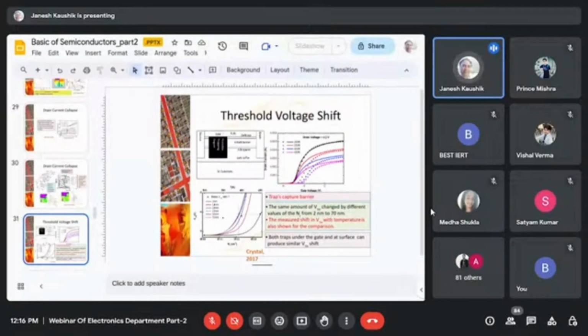But if there is a barrier present, then an electron or charge carrier will not be captured immediately. They need a certain thermal energy to cross that barrier, and after crossing that barrier, the electrons are captured, and we get this type of particular threshold voltage shift.